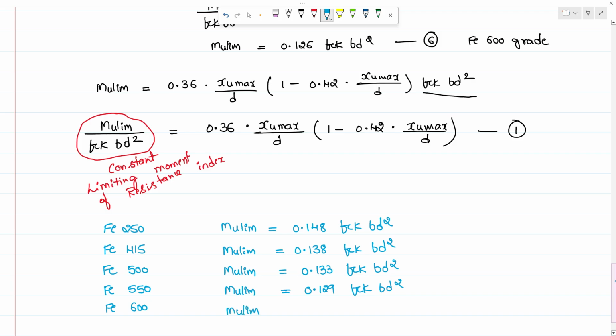So mu limit equals 0.126 FCK BD square. So this is equation number 2. These equations are already derived: 3, 4, this is 5, and this is 6.